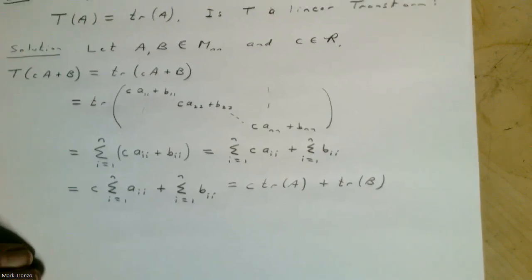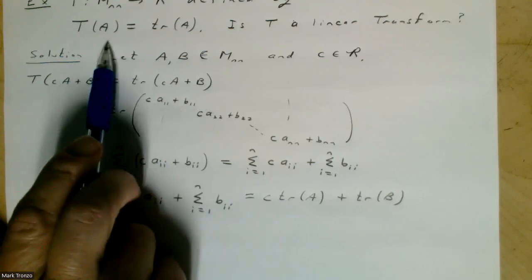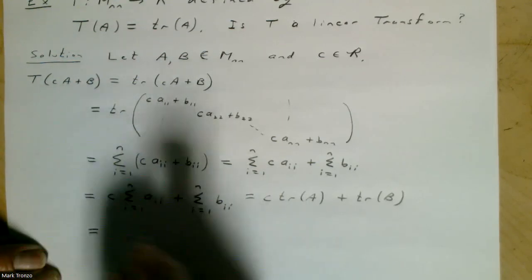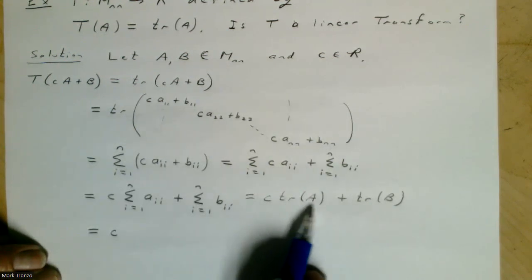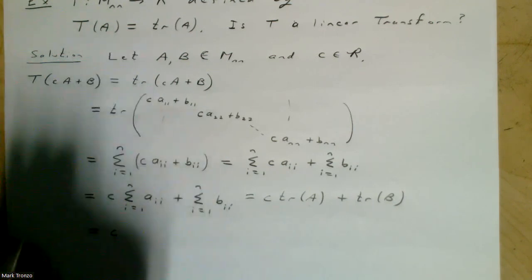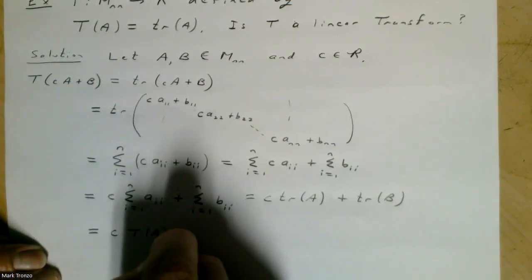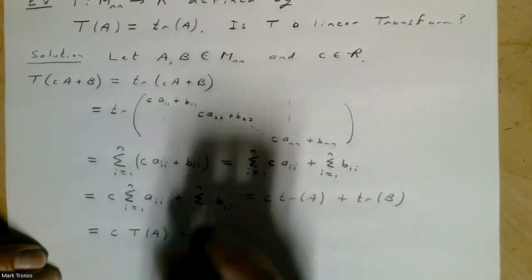And of course, from our definition of our transformation, the transformation is defined as the trace. So what we're going to have here is the constant c times the trace of A, which is defined as our transformation, plus the trace of B, defined this way.